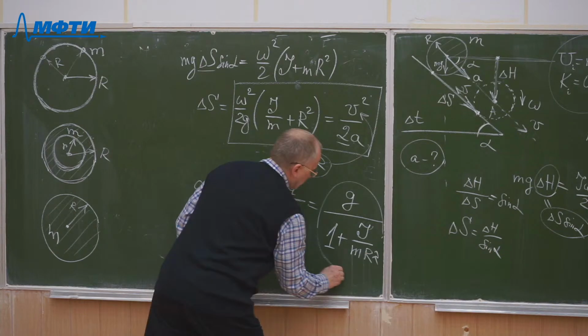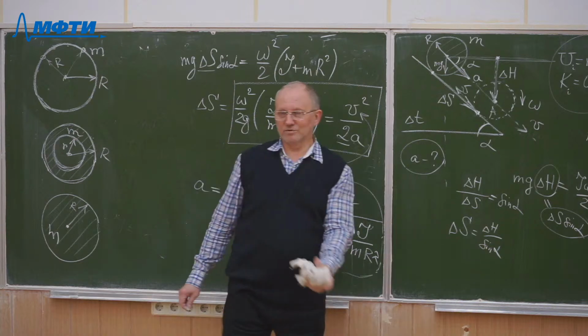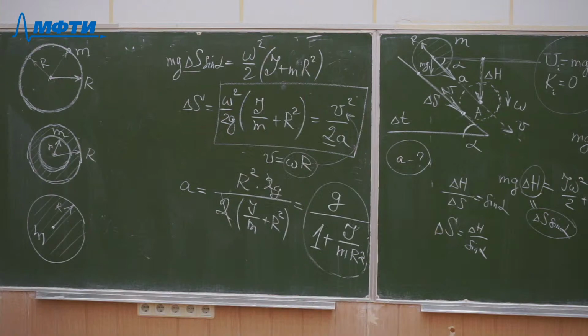That seems to be a correct final answer for the acceleration of the center of mass of this cylinder, which rolls down without slipping along the slope, along the inclined surface.